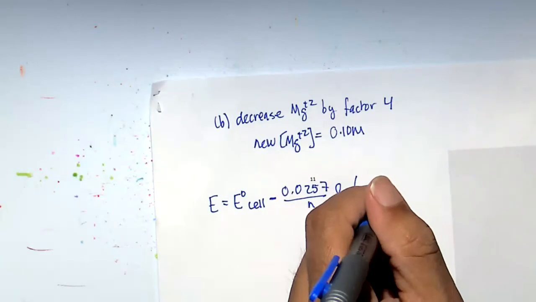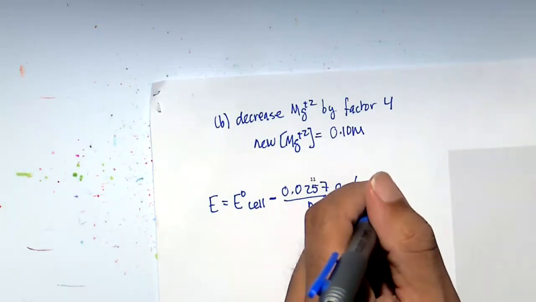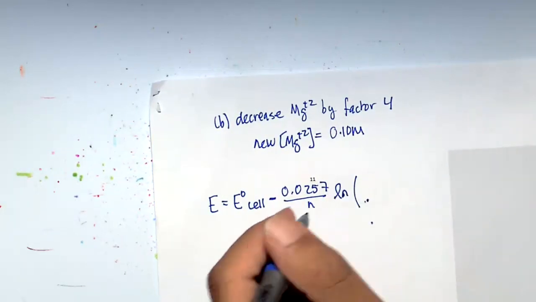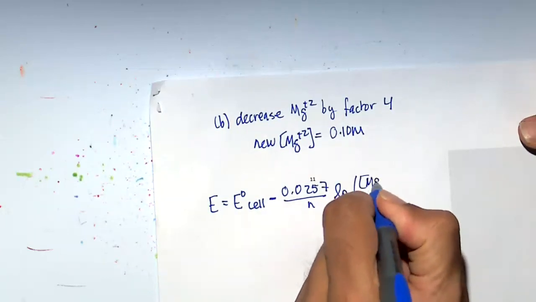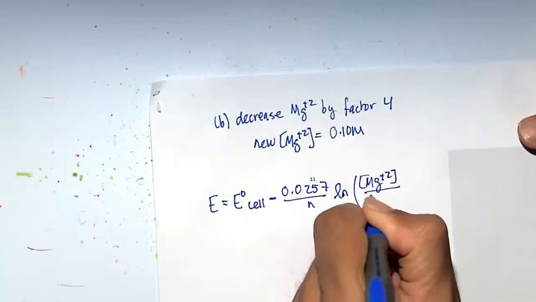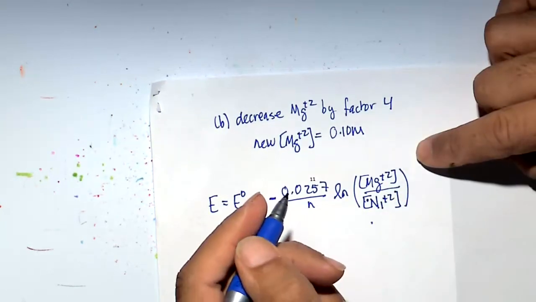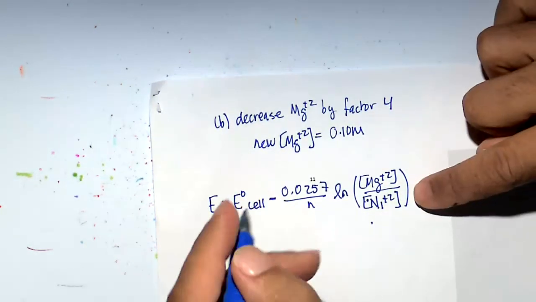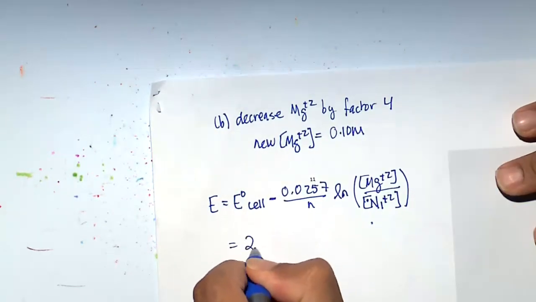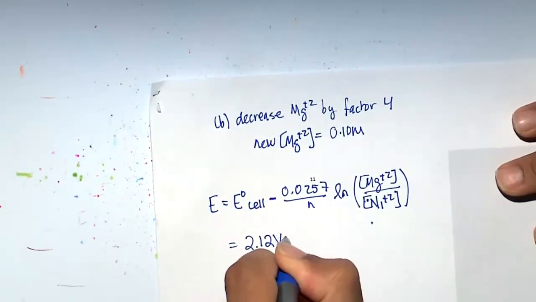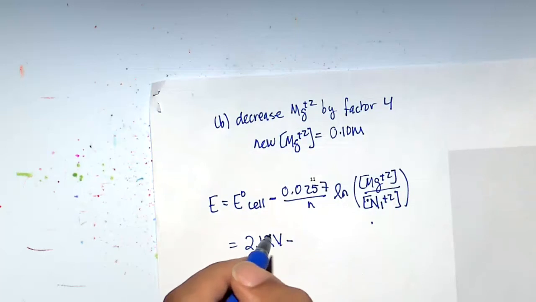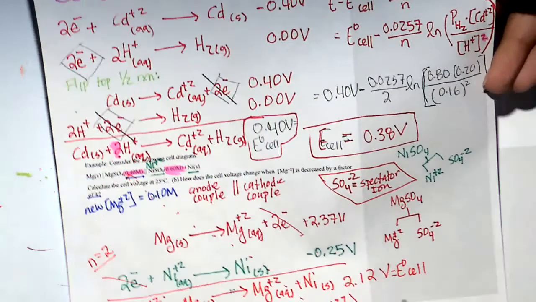Remember, Q is concentration of magnesium ion divided by the concentration of nickel ion. All right, magnesium has gone down by a factor of 4. Nickel stays the same. E cell, which we calculated before, is 2.12 volts. That was our E cell here.